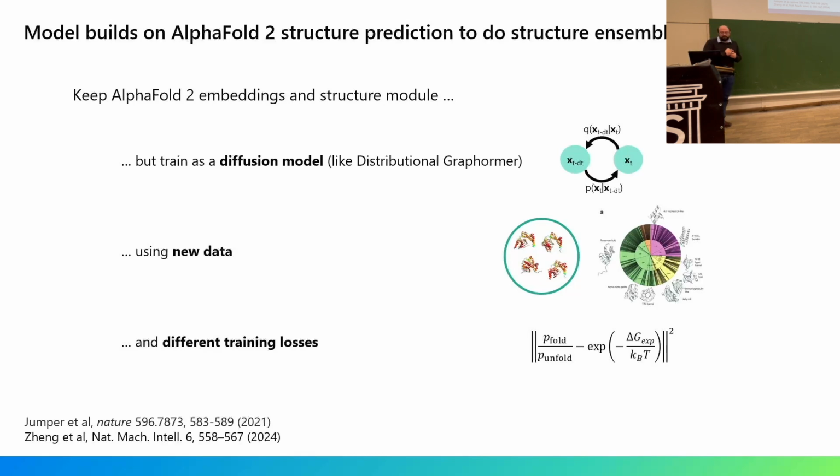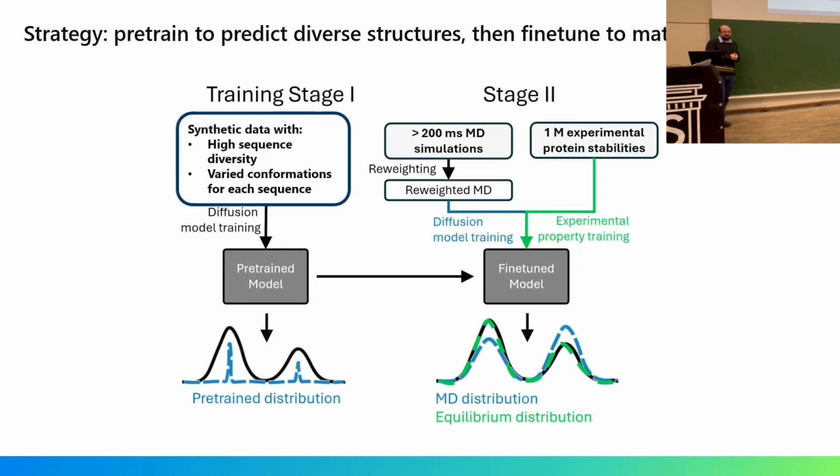And what we came up with in order to achieve this was a two-step training protocol, where in the first step we didn't care about the quantitative distribution. We just wanted a model that approximately gets protein conformations in different states. So you can think of like getting these delta peaks across space, so being as diverse as possible.